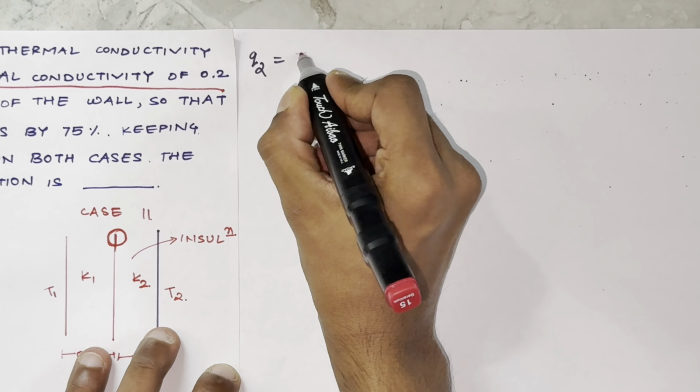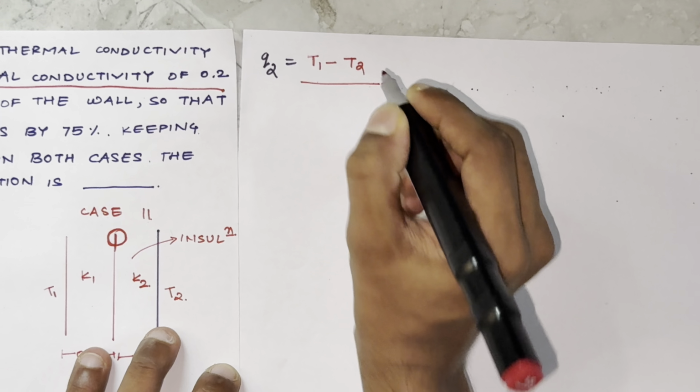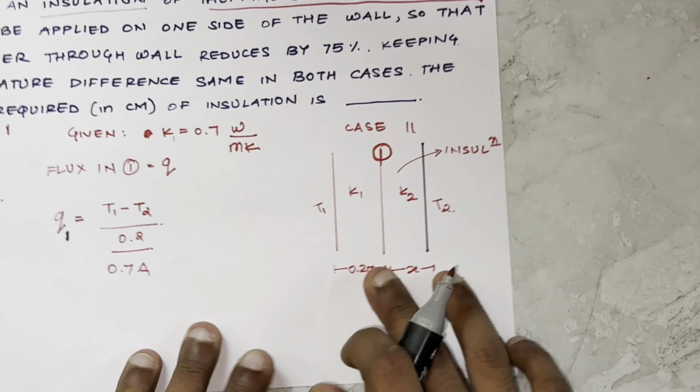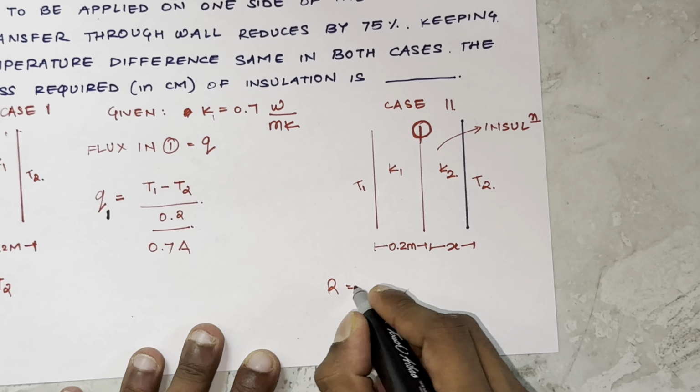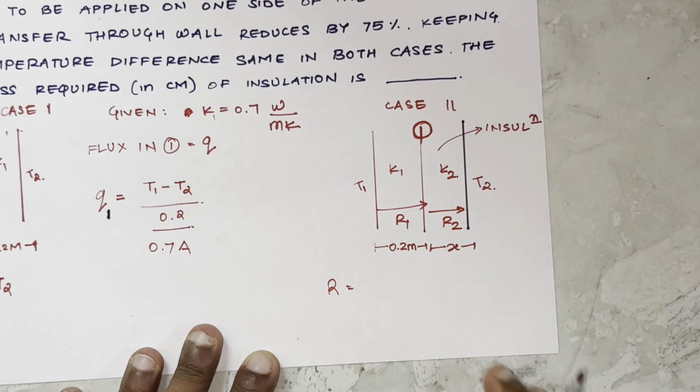Q2 will be, since the temperature difference is kept the same, T1 minus T2 upon the whole composite wall resistance, R equal to R1 plus R2.